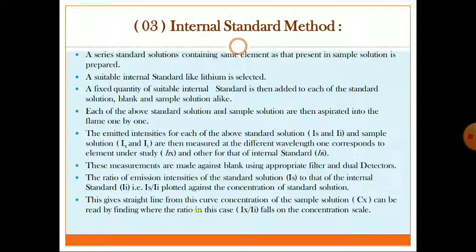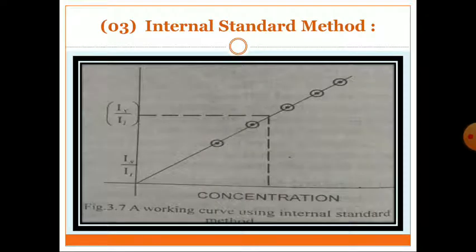From this curve the concentration of the sample solution Cx can be read by finding where the ratio IX upon II falls on the concentration scale. Now we will see its graph. Like the calibration curve, we get a straight line which passes through the origin.